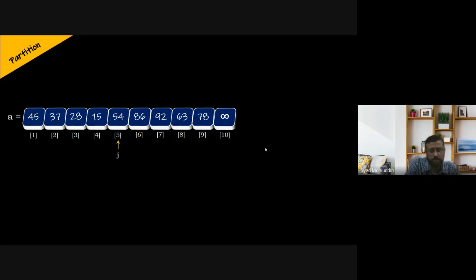Now, if you observe the element at index j, that is 54, which we have selected as the first element, as the pivot element, will be at its position.